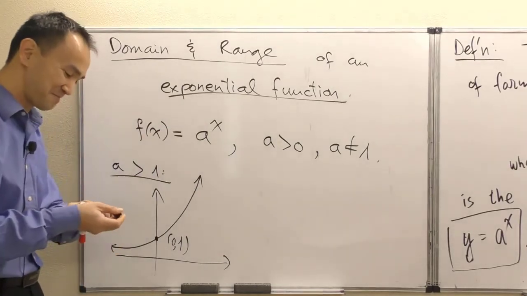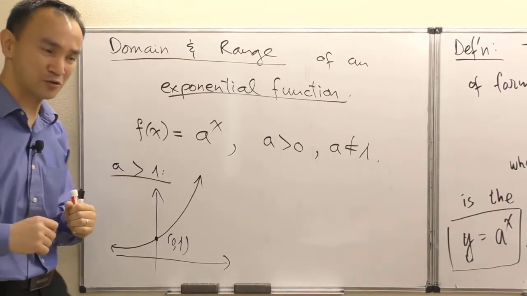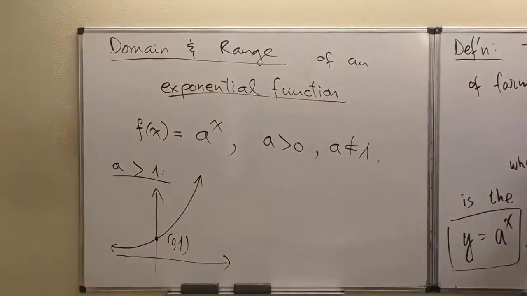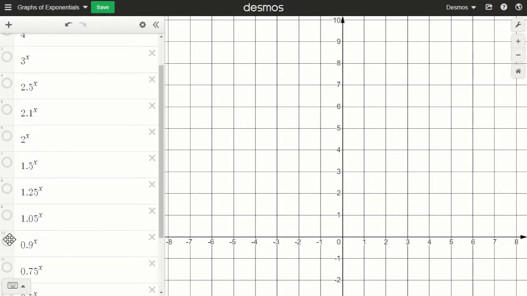All right. Allow me to quickly swing over to my graphing utility with decimals again. We have seen those activities before, this demonstration that I've done before. Let's quickly investigate all of those graphs where the base is greater than 1.